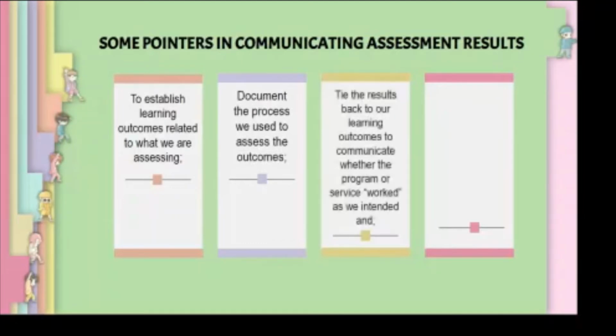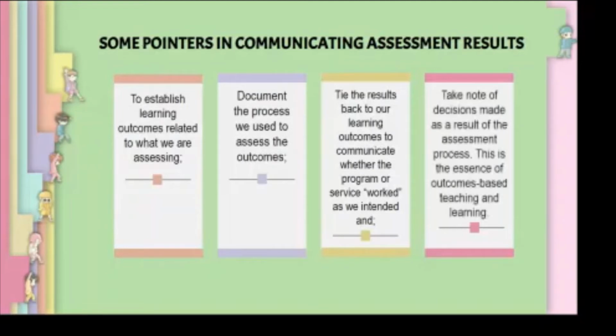Third is to tie the results back to our learning outcomes to communicate whether the program or service worked as we intended. And lastly is to take note of decisions made as a result of the assessment process. This is the essence of outcomes-based teaching and learning. So we all agree that students are key to education.